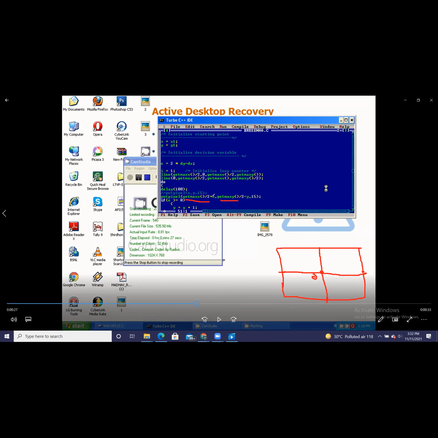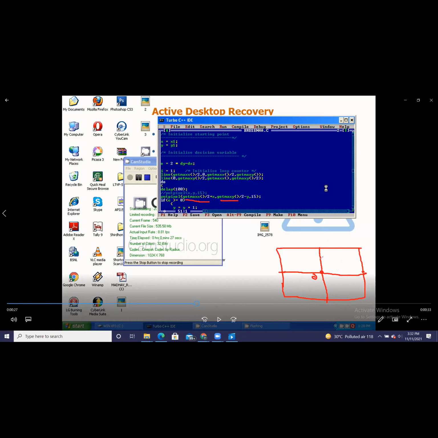So I am adding the x value to getmaxx by 2 and reducing the y value from getmaxy by 2. We have already seen why we add this and reduce this in the previous practical. So I am putting the pixel with respect to our origin after dividing the screen into 4 quadrants.